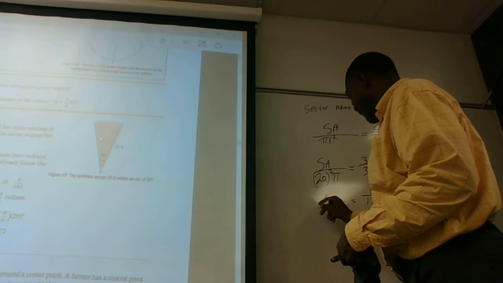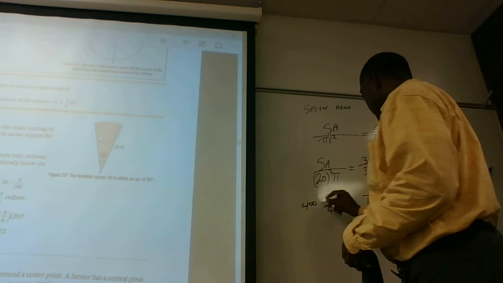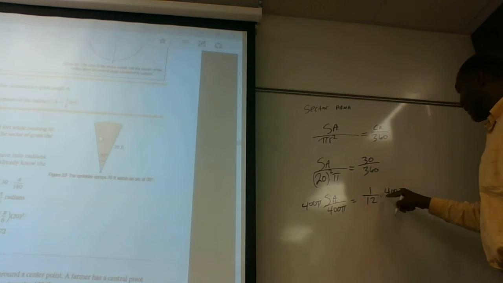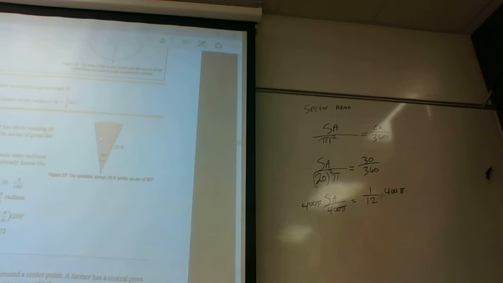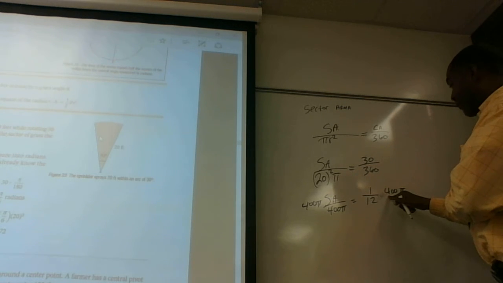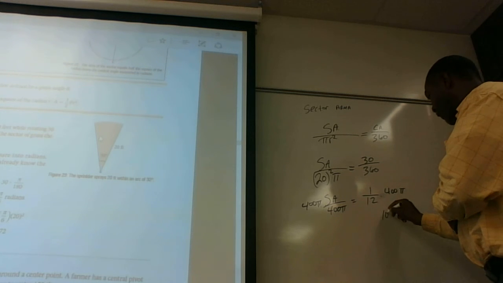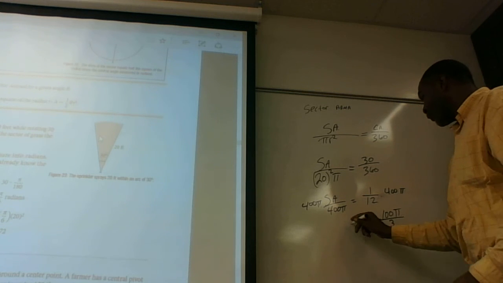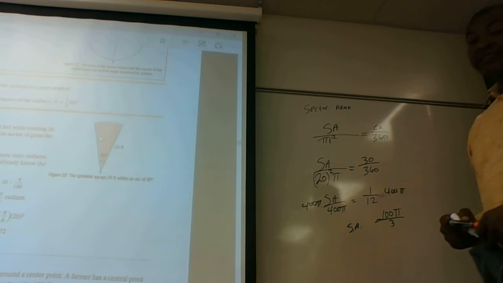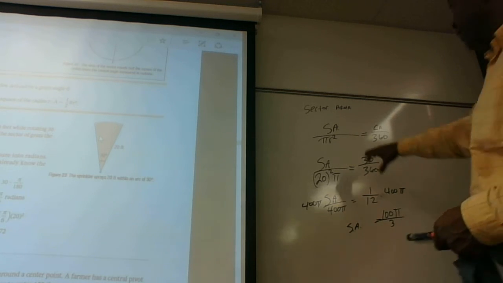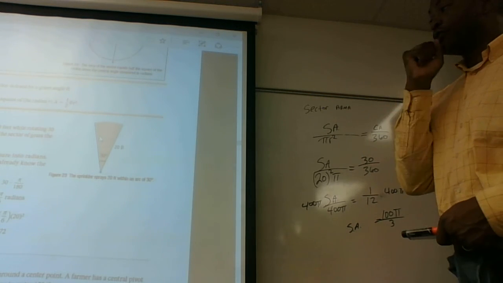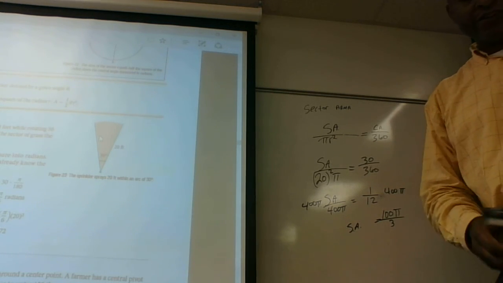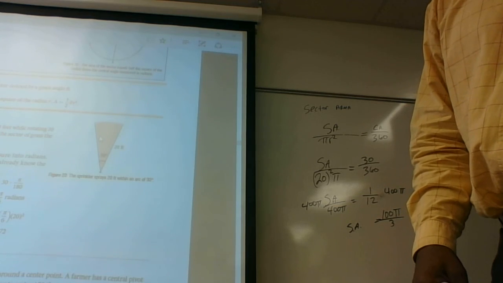Multiply both sides by 400 pi. Don't forget my pi. 4 goes into 400 100 times, so 100 pi. 4 goes into 12 3 times. So it doesn't matter which way you look, you should have the same answer. Whether you want to know it as the ratio or if you want to use the formula, once you use the formula, it's important that you convert your degrees into radians. Without them being in radians, you're not going to get the same answer.